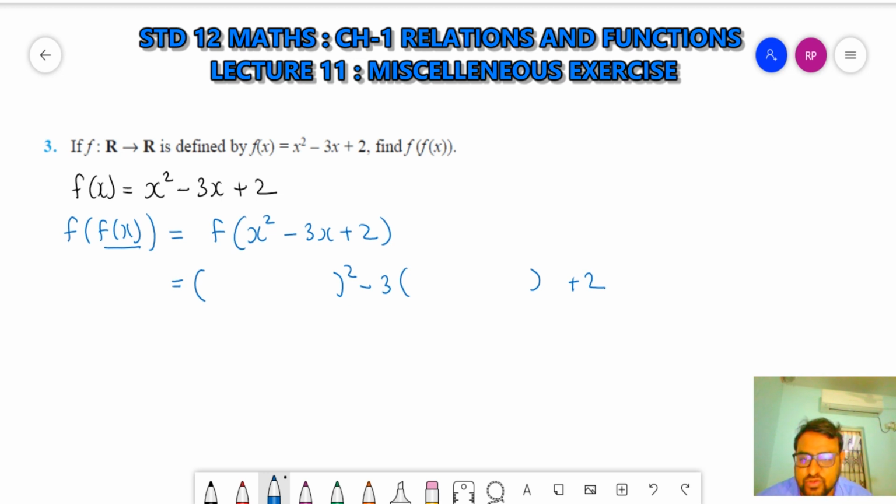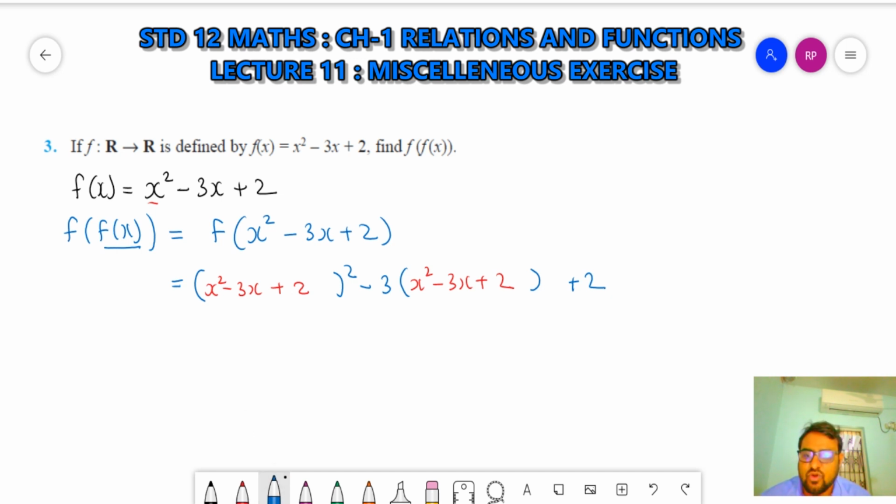Okay, so now I will put this x square minus 3x plus 2, x square minus 3x plus 2. Instead of this x, I replace it by this x square minus 3x plus 2.